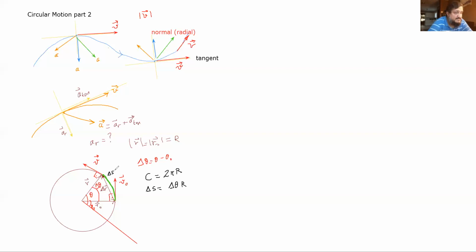Delta S. So again, the only variable that I need to know where I am on the circle is theta. That's the angular position variable, if you will. And delta theta would be the angular displacement.